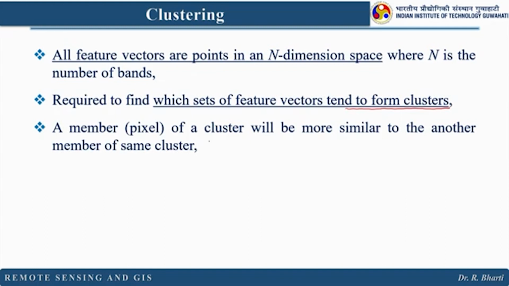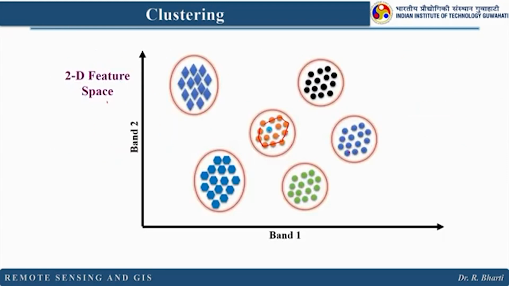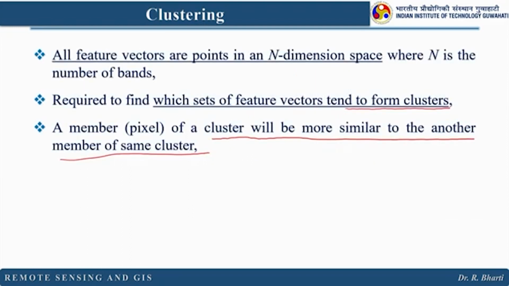A member of a cluster will be more similar to the other members of the same cluster. That means if you see this, the pixels belonging to this particular cluster will vary together, right? That is the probability, right? So a member of the cluster will be more similar to another member of the same cluster, similarity in terms of DN values.